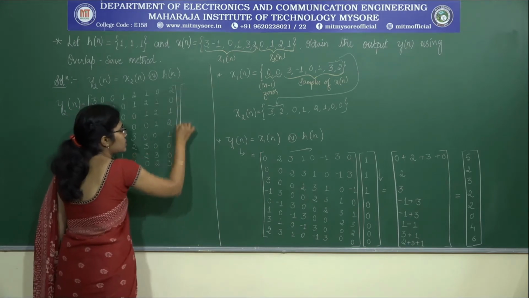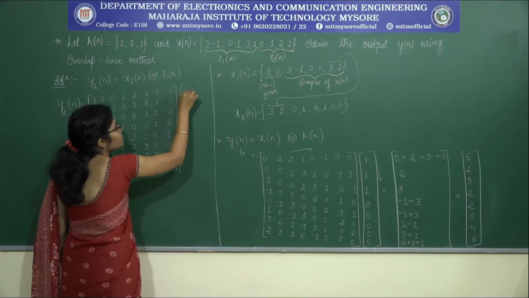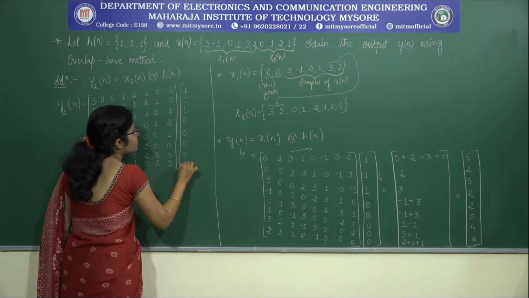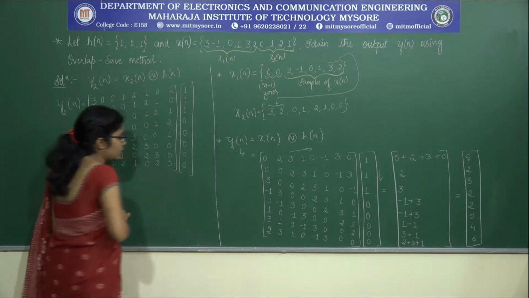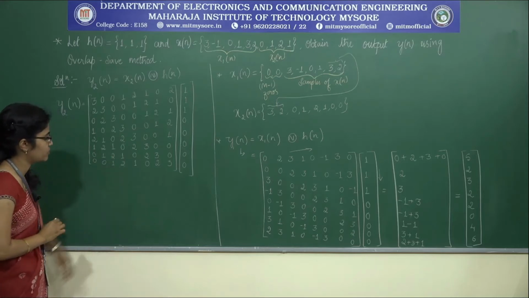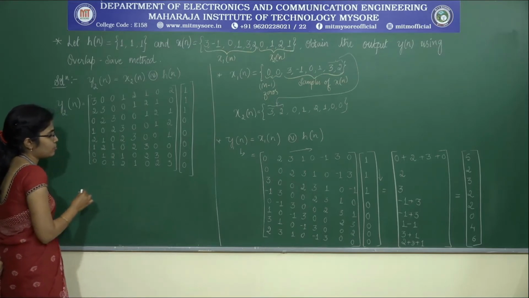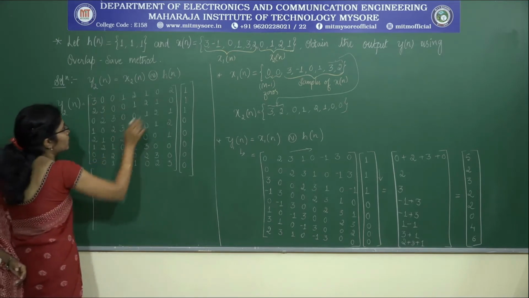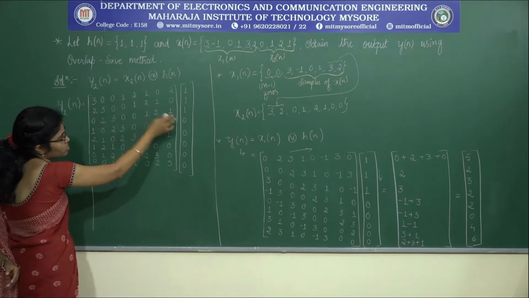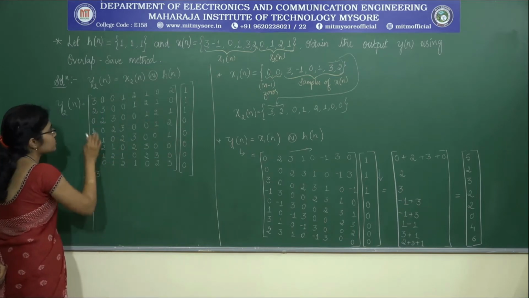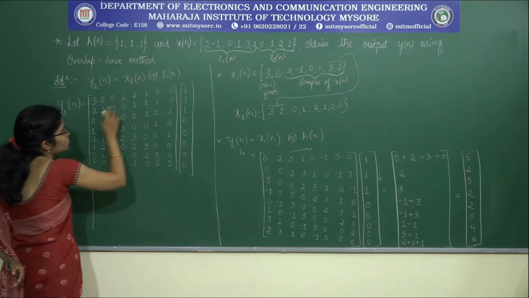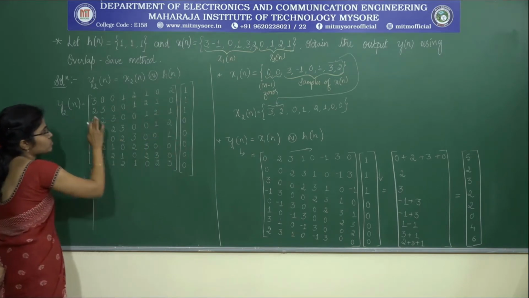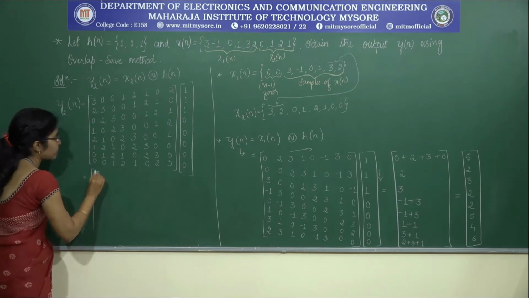Again, what is h of n? h of n is nothing but 111 followed by 5 zeros. Now we need to perform matrix multiplication of these two matrices. If I perform matrix multiplication of these two, 3 into 1 is 3, 0 into 1 is 0, so the rest of the terms tend to 0, so the first element is 3. 2 into 1 is 2, 3 into 1 is 3, so multiplying the rest of the elements gives us 0, so 3 plus 2 gives us 5.